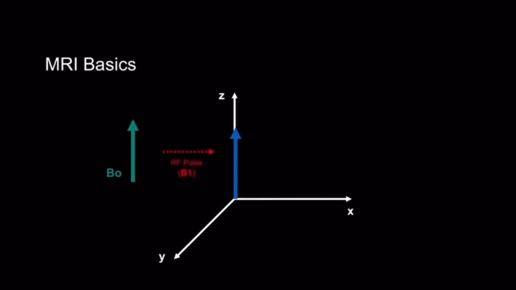An RF pulse is applied at the right frequency and at a particular flip angle, here 90 degrees for simplicity. And again, it's going to do two things. One, it's going to tilt the net magnetization vector into the XY plane. And two, the protons are going to precess in sync with each other, so the entire net magnetization vector is precessing in the XY plane, as illustrated here.